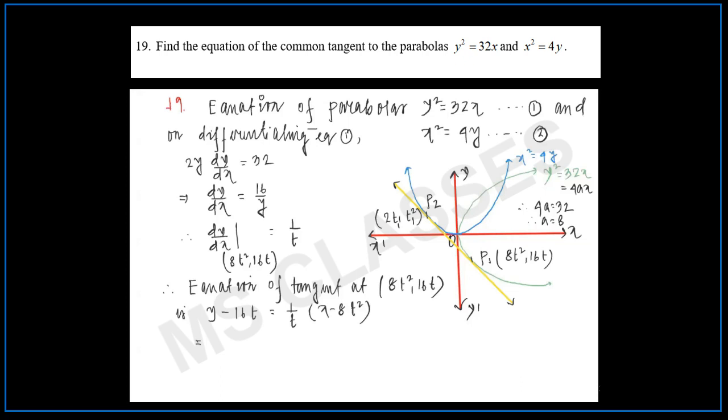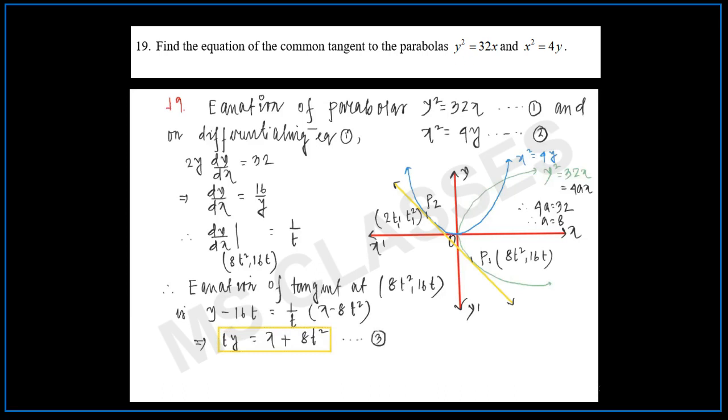Now on simplification we get ty equal to x plus 8t square. This is the first equation which we have got at the point P1, and we mark this as equation 3.